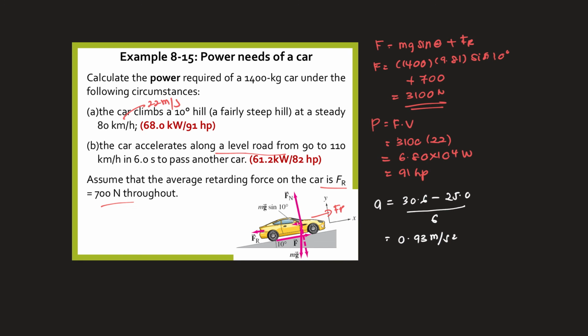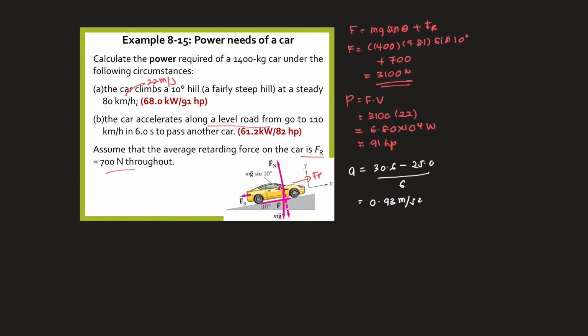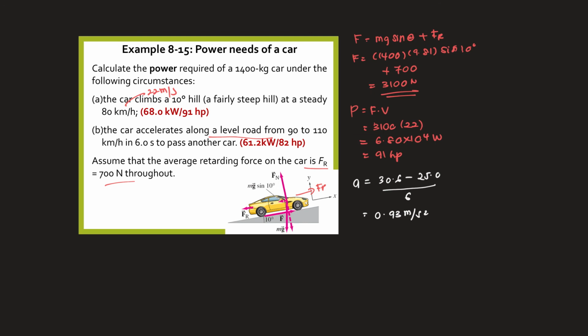Okay, once you find the acceleration, then you need to find the force, which is the upthrust force, because it's a level road. You are going to have something that accelerates you, then you are going to have the retarding force. So you need to find the net force, which is ma. So this one is Fp minus Ffr equals ma.